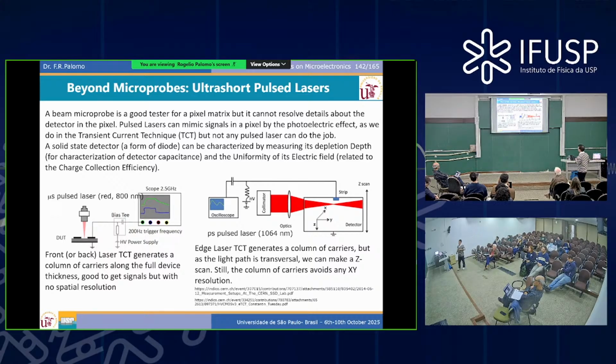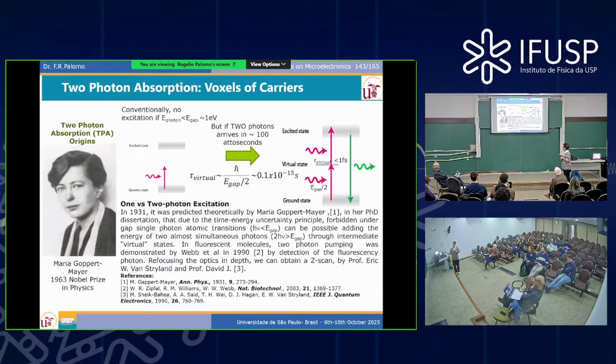Okay. Going back, not to Jackson, but to one of our founding mothers of nuclear physics, Maria Goeppert-Mayer. She was studying this kind of virtual states in nuclear physics, but you can apply exactly the same quantum mechanics in the case of electron dynamics.